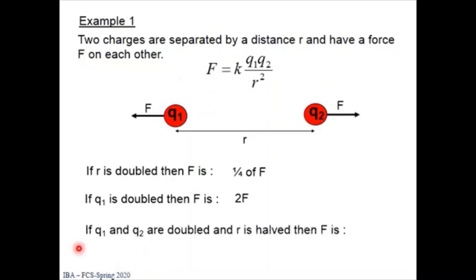And if Q1 and Q2 are both doubled, meaning both become twice, and r is halved, so r is replaced with half of r, then what happens to the initial F? The answer would be that the force becomes 16 times F.